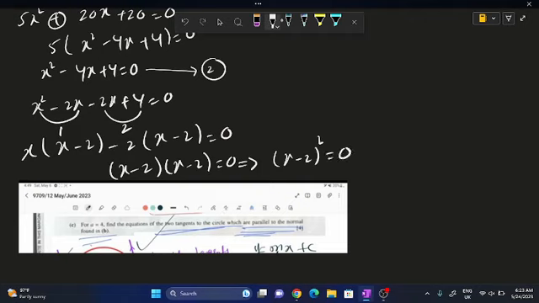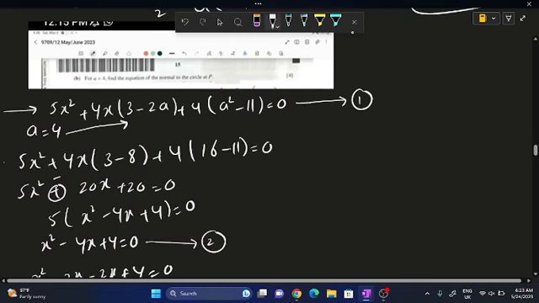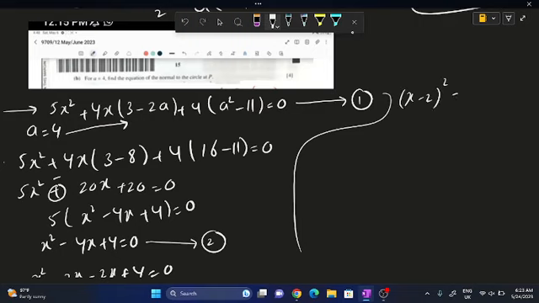So this is x minus 2 whole square, which is equal to 0. You have to find the value of x. Apply the square root on both sides, that gives you x minus 2 is equal to 0. That implies x is equal to 2. Now you have the value of x.